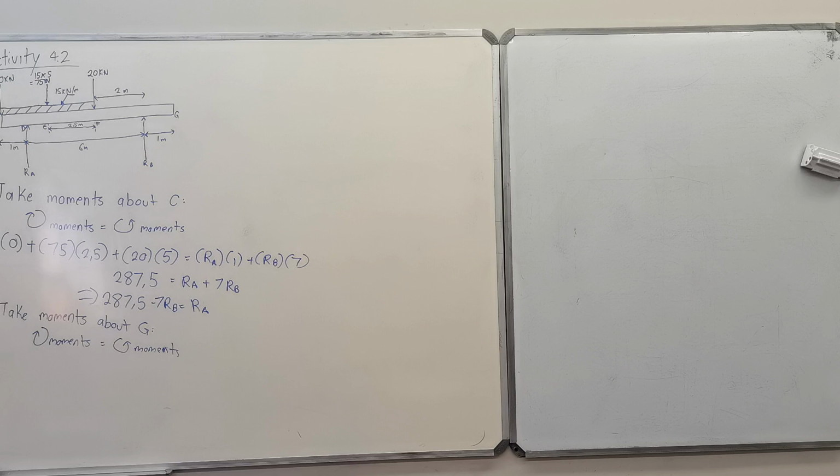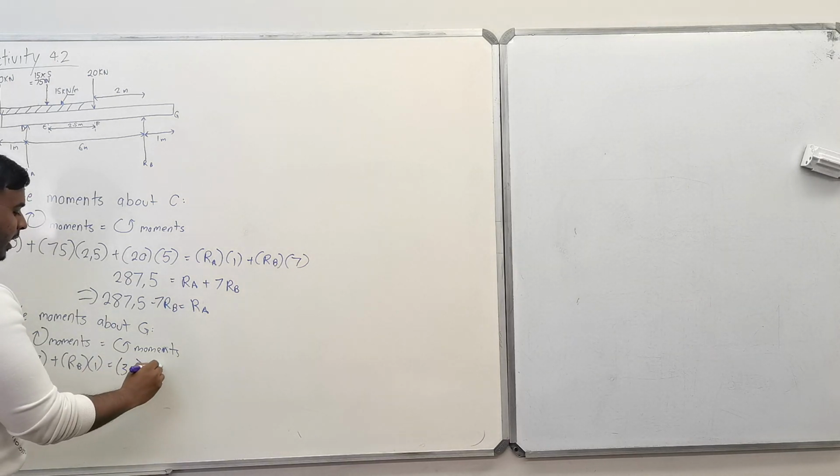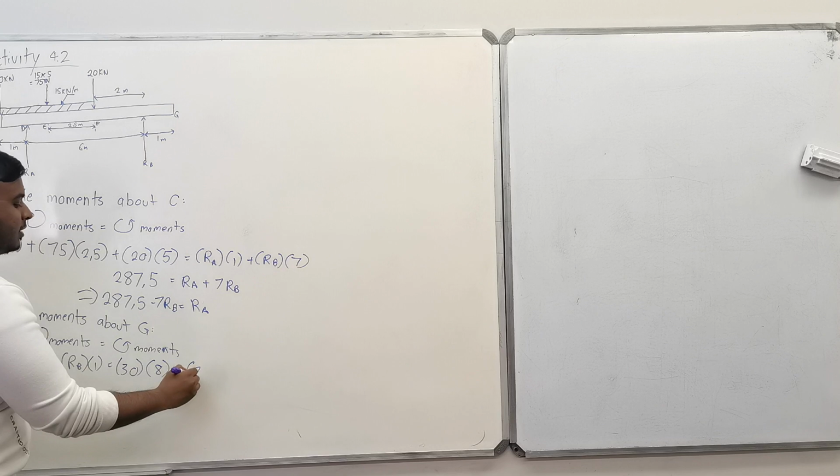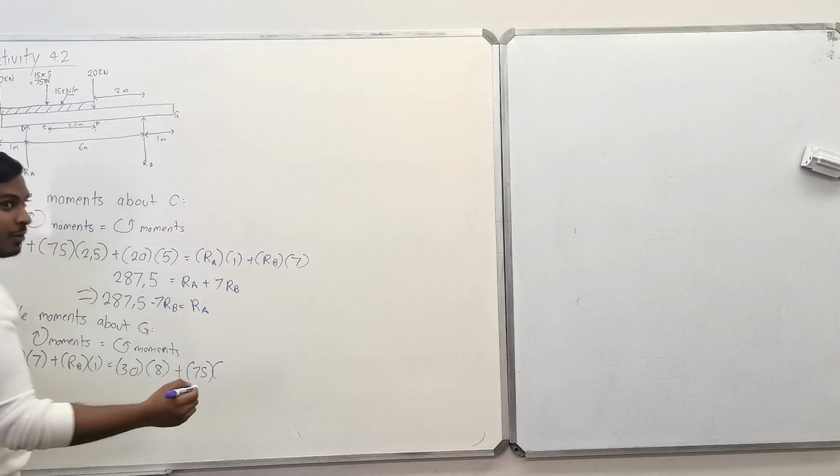Is it your upwards or downwards forces? Upward. So our upwards forces are RA and RB. How far away is RA from G? 7. Plus RB, and how far away is that from G? 1. Equal to the first force, which is 30 kilonewtons, multiplied by 8, plus 75 multiplied by 5.5. You understand why it's 5.5?